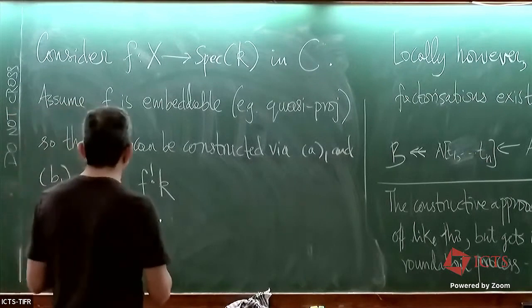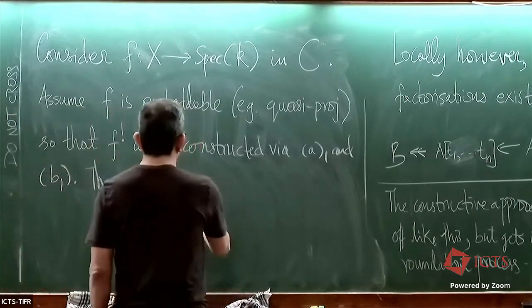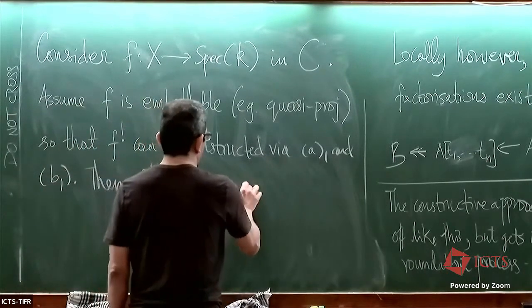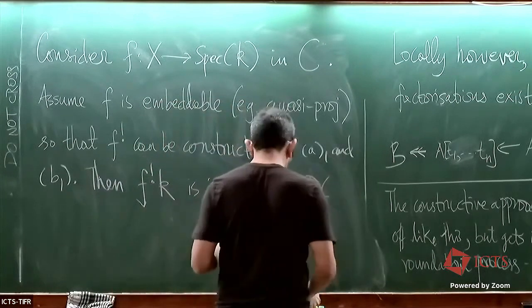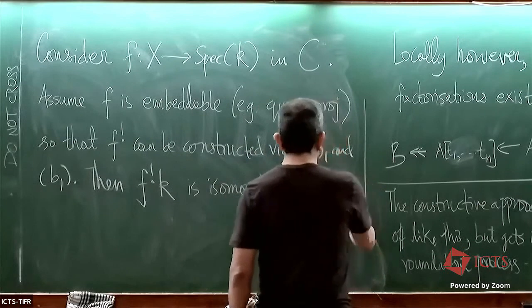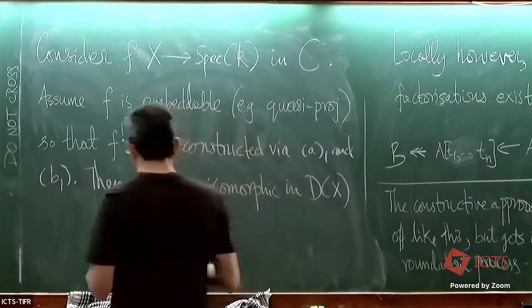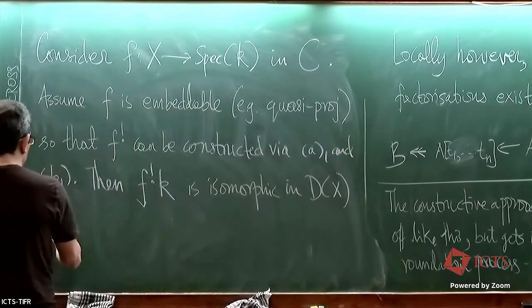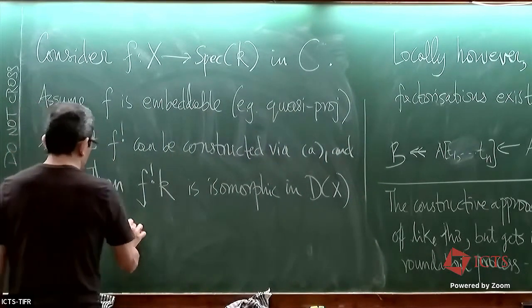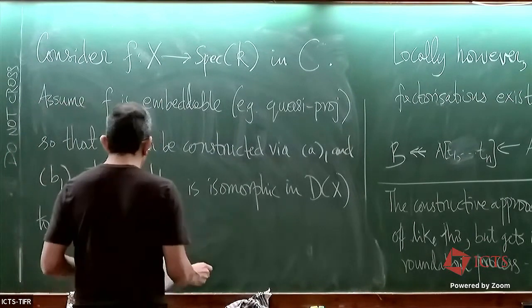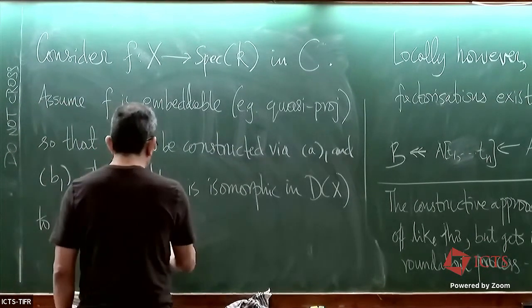So F upper shriek K is isomorphic in the derived category, in D_X, to a bounded complex, which we'll call a residual complex.